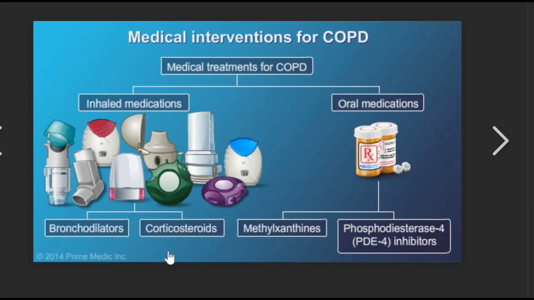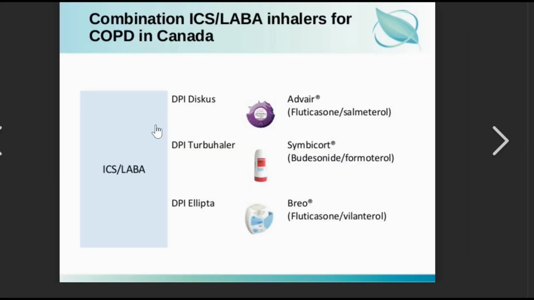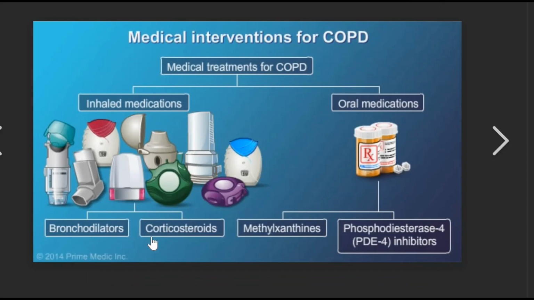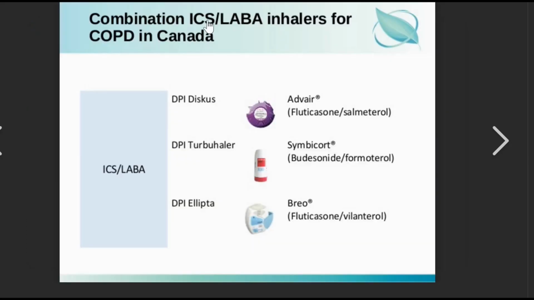They are given through inhalation because of their anti-inflammatory properties and prevent exacerbation. Example, Flovent, Pulmicort. There are combination inhalers. That means a combination of bronchodilator and corticosteroid both. Examples of combination inhalers are Advair, Symbicort, Breo, Trilogy, etc.